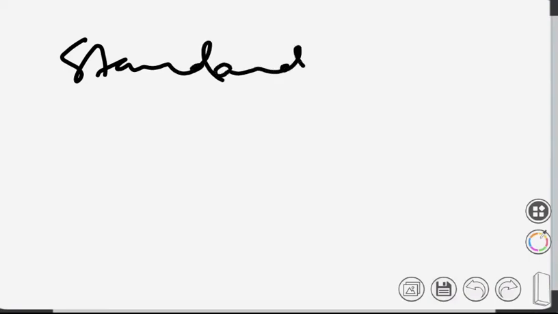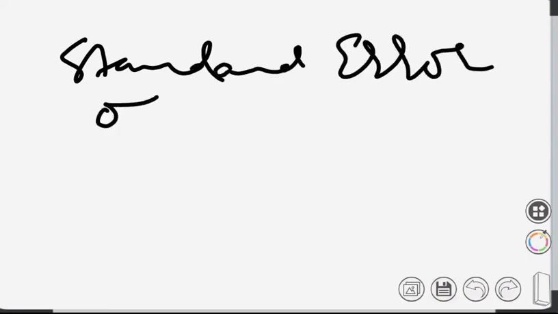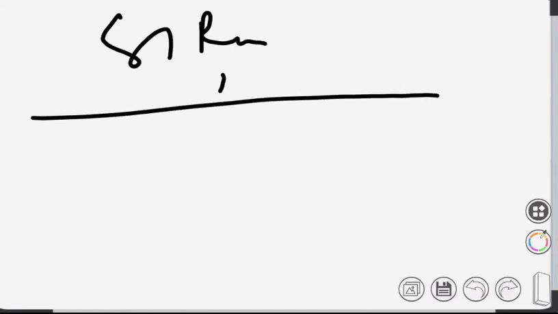Now what is the standard error of x bar? Let's go back to the random sampling part. Let's write SRSWR.